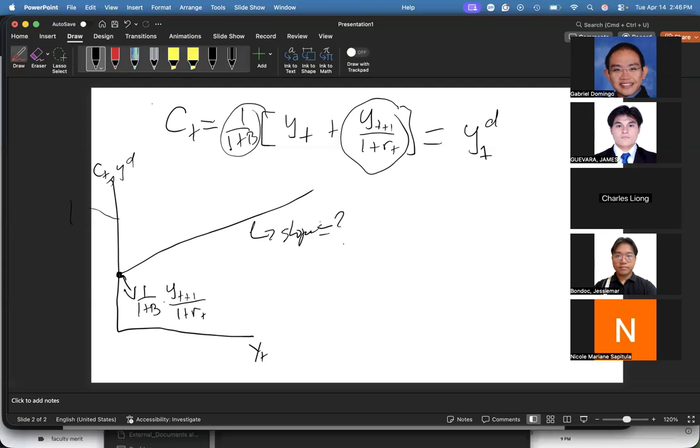Next, if future income changes, what will happen to this function? Will the slope change, or will it shift up or shift down? Oh, there's a chat. Okay, Charles says MPC. But go ahead, Charles, just open your mic. Now I want to know what happens if Y_t+1 changes. Will it shift? Will it change the slope? What will happen?